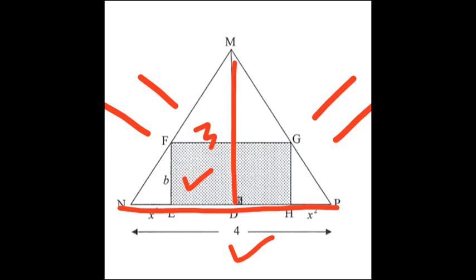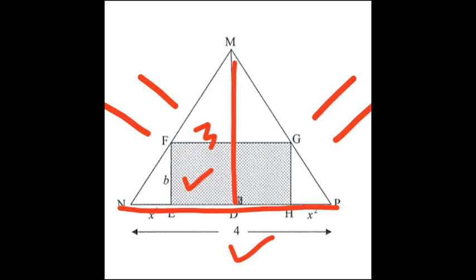I'm going to use triangle DMP and apply tan, because angle D is 90 degrees. Must remember, MD is perpendicular to NP.